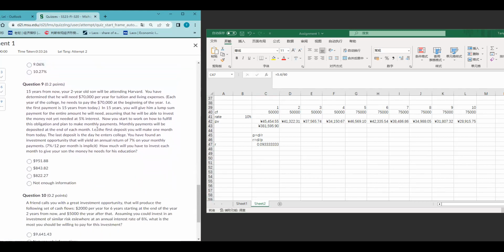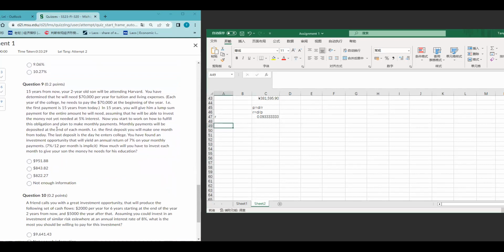So for question 9. Question 9. Well, it's a long question. 15 years from now, he needs 70,000 per year for tuition and living expenses.